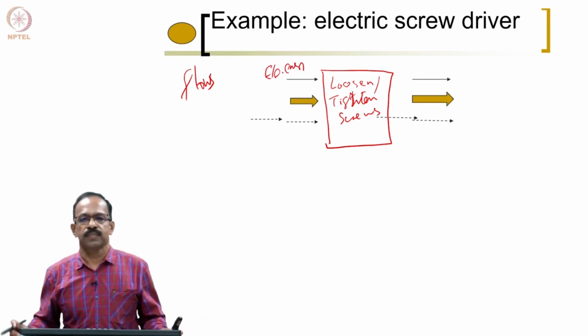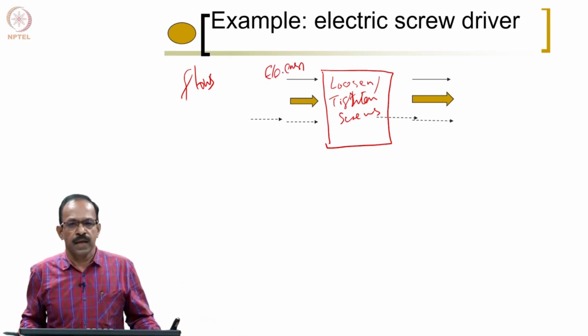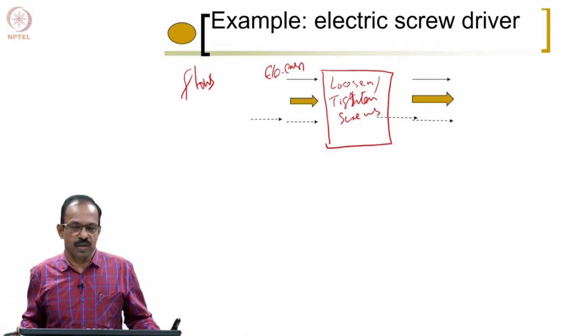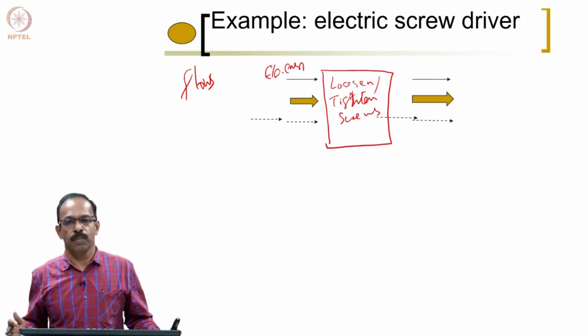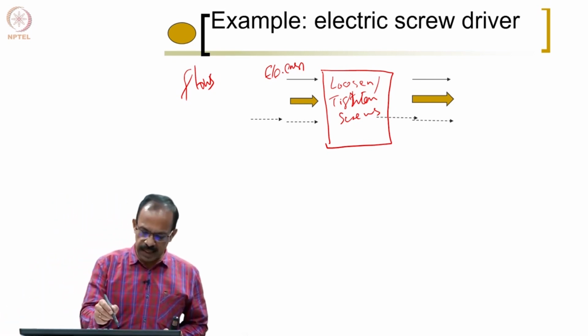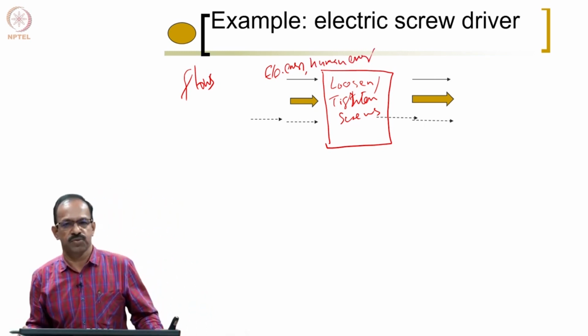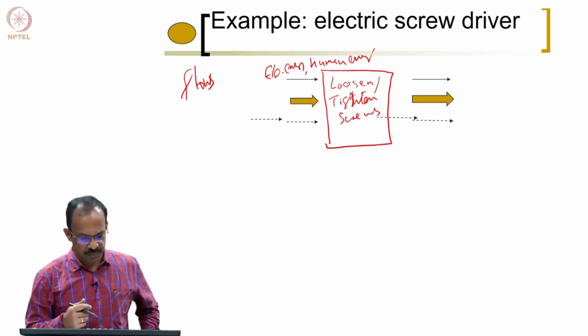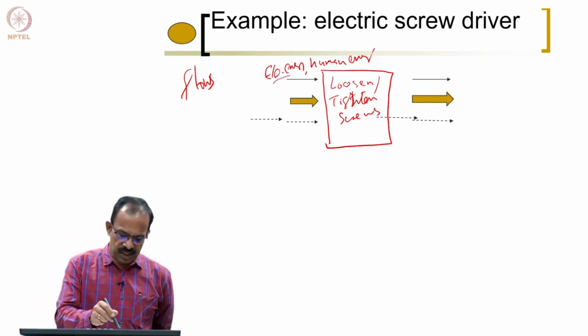going inside. Electrical energy is there, and then as I mentioned, it is a human operated one. So, human energy is also used in the process. So, it is not only electrical energy, we have the human energy also, what we apply as a user. So, we can say that these are the energy going inside.